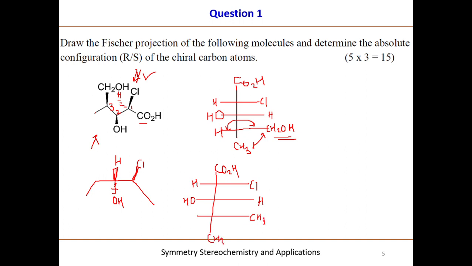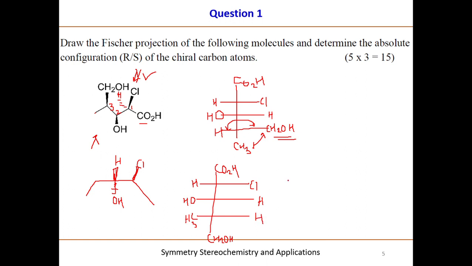But here the stereochemistry will change, because if we interchange these two substituents, then after interchanging these two, we have to interchange these two also. That means here CH3 will go on the left side, and hydrogen will remain here.